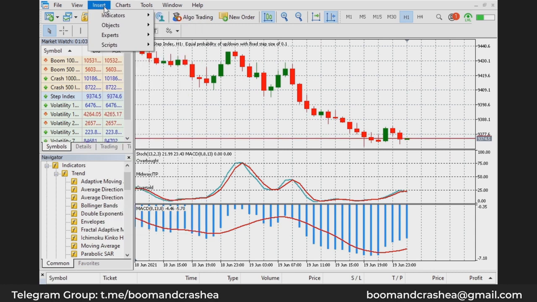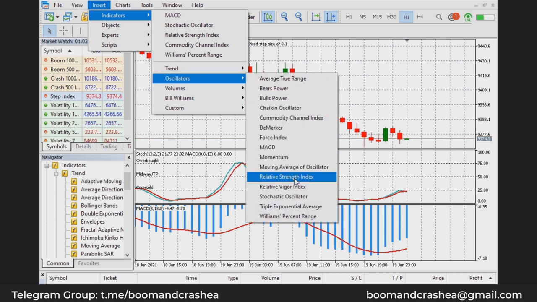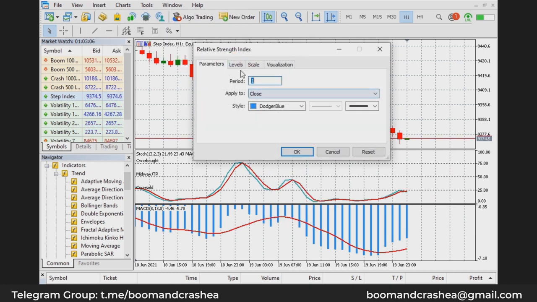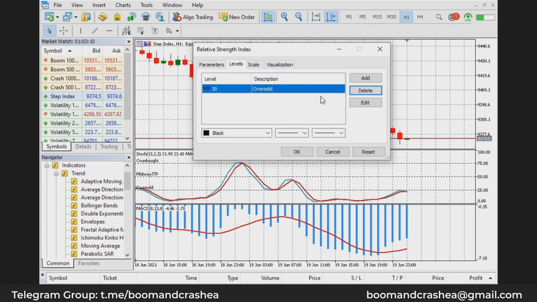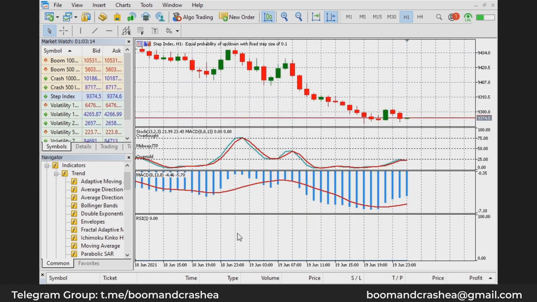And the way we find that out is by going to insert indicators, oscillators. Since RSI is 1, we don't even need these things. Let me just delete these things. I have an empty space.